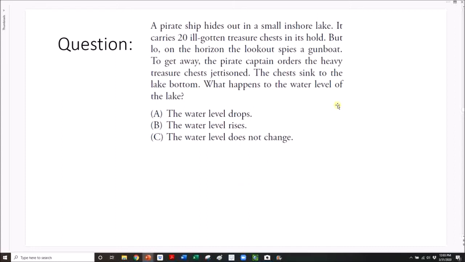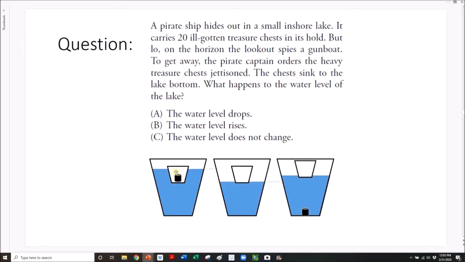It was all floating originally, the chests and the boat. So therefore it had to displace enough volume of water to float. But once you toss them overboard, they no longer displace as much volume because the buoyancy force is not great enough to make them float anymore. So here's the ship beforehand.